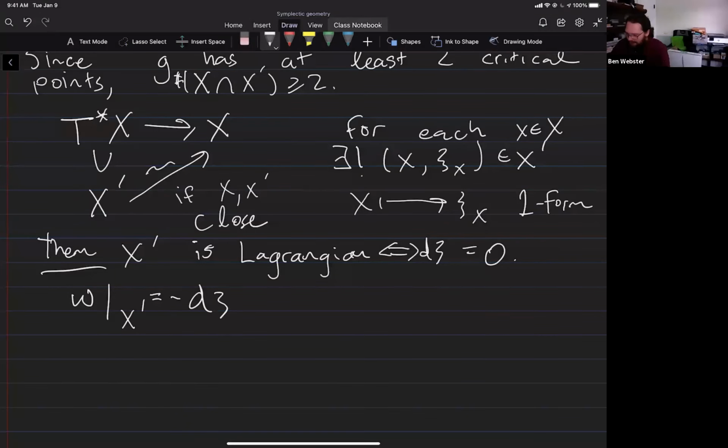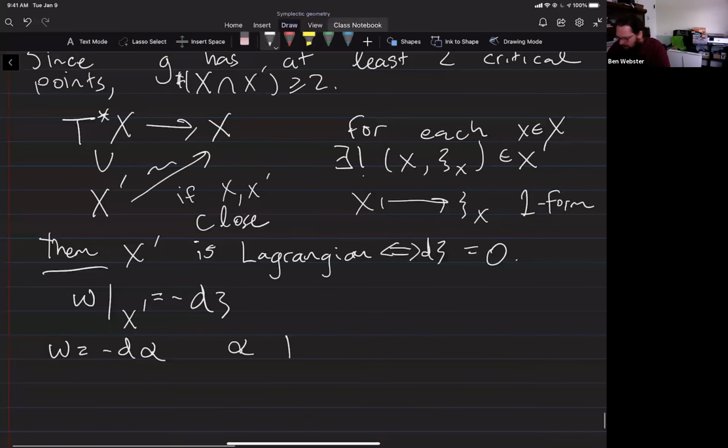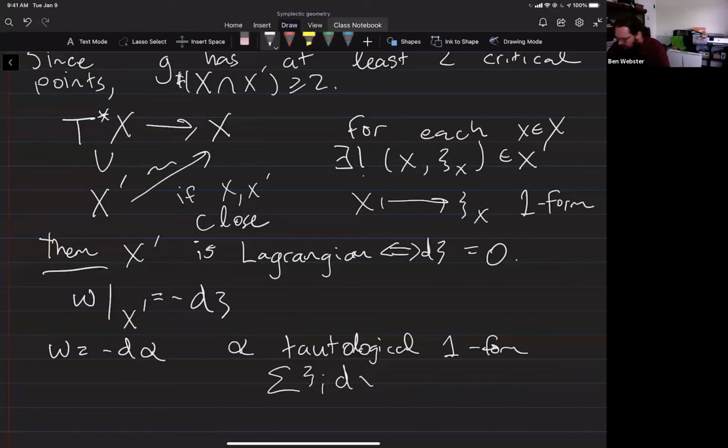The way we proved this is that omega is minus d alpha, where alpha is what we call the tautological one form, which is sum of c_i dx_i in any coordinate system.